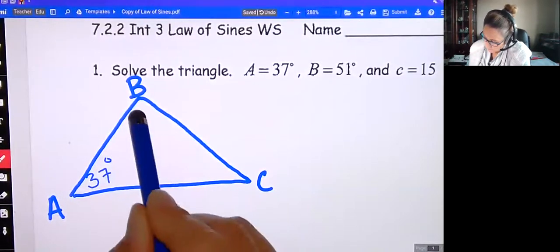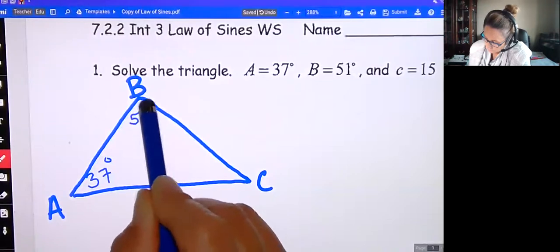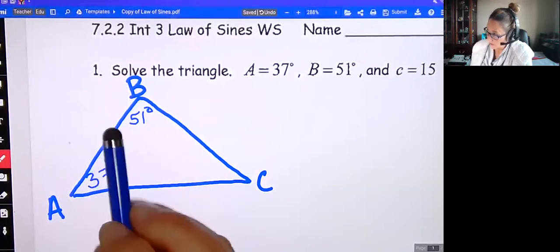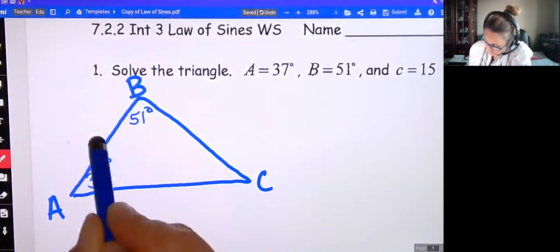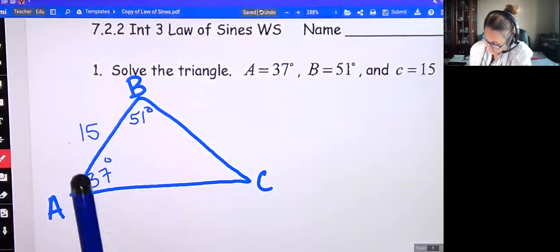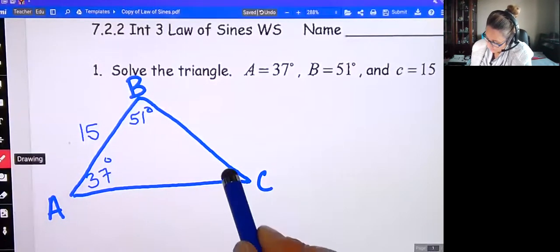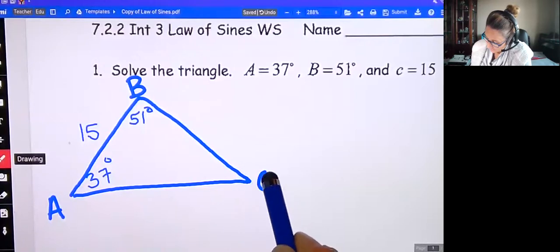I know that B is 51 degrees. I know that little c, which is right here across from angle C, is going to be 15.